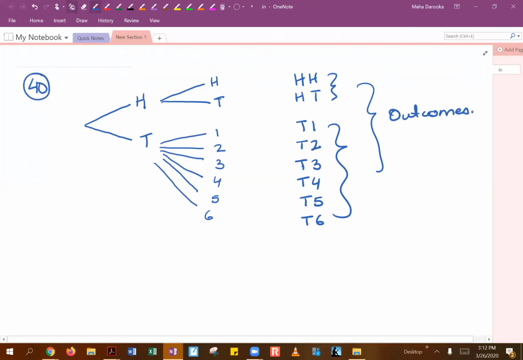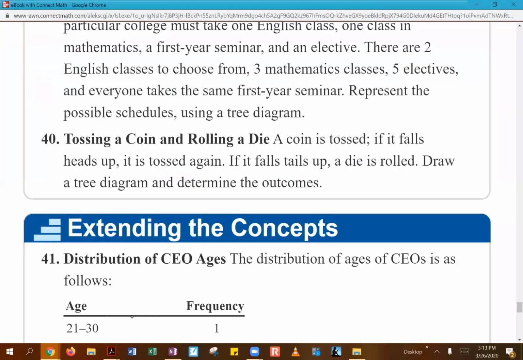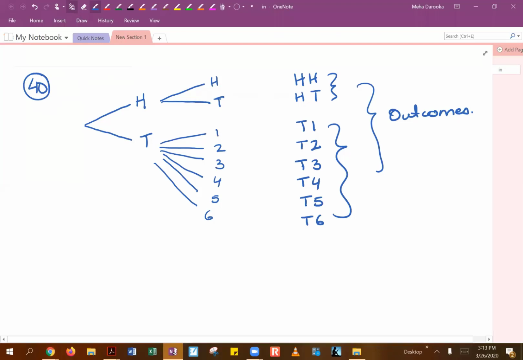So all, what is that, 8 of these outcomes would be part of our events here. Okay, so that's pretty much what they're asking you to do here. You will see examples similar to this in your homework, so just make sure you're following this example.